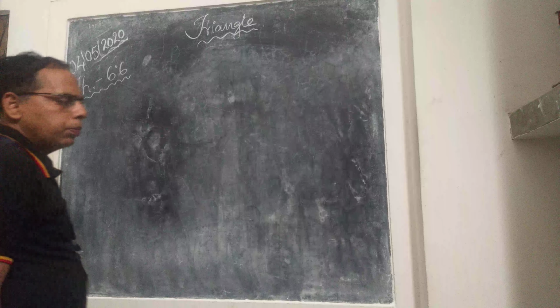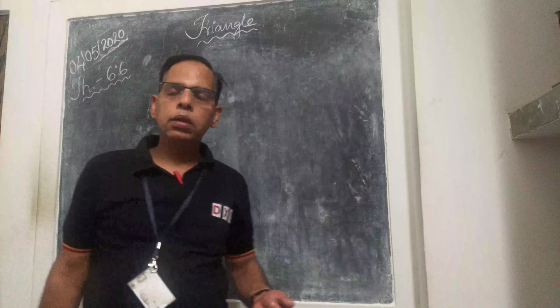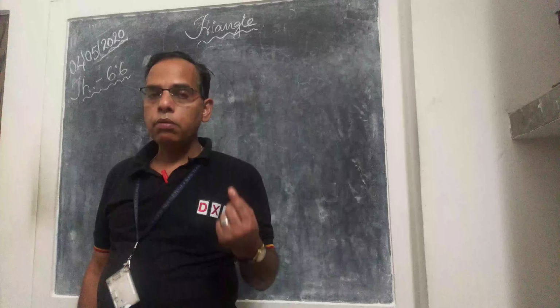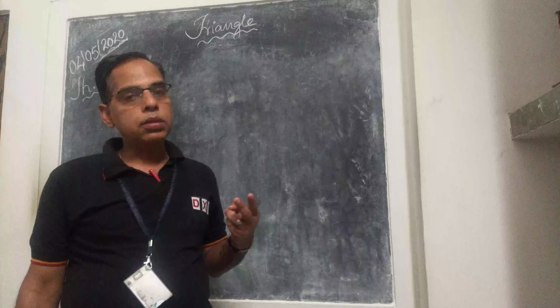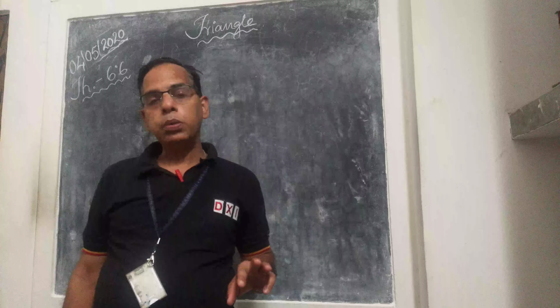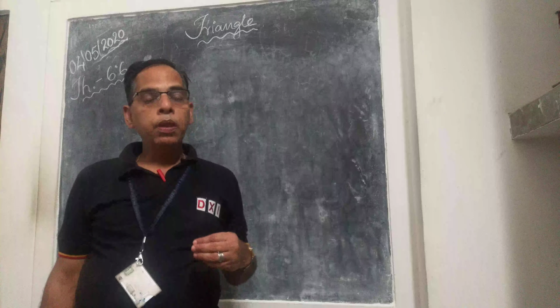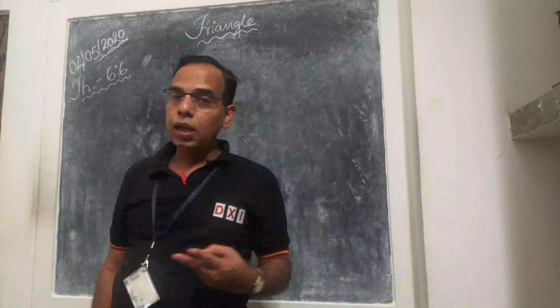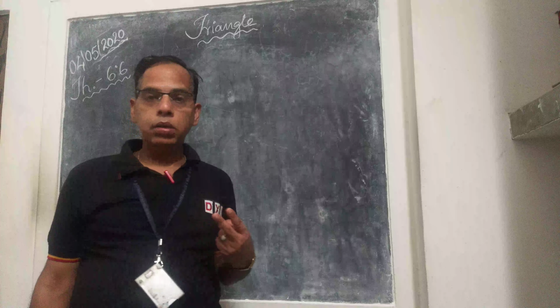Once again, similar properties. Please revise once: similar triangles have three conditions. First, if two triangles are similar, then the ratios of their corresponding sides will be in proportion. Next, the corresponding angles of the two similar triangles will be equal.